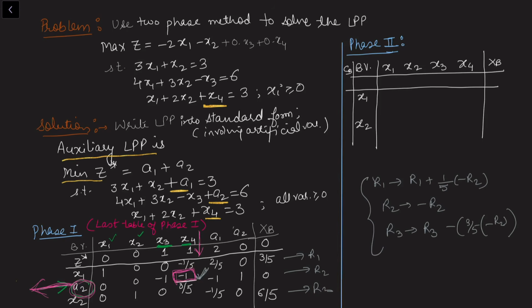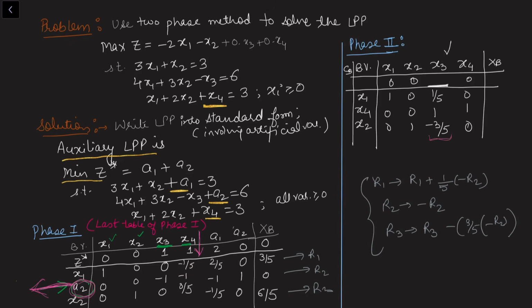So using these row operations and noticing that x4 comes in the basis, we fill out these entries, and also we know that these are basic variables, so you can directly write the identity columns. The only thing that I need to calculate now is the x3 column with the help of these row operations, and I'll calculate zj minus cj with the help of the formula. So let me first write down the entries which will come here. So this is 1 by 5, 1, minus 3 by 5.